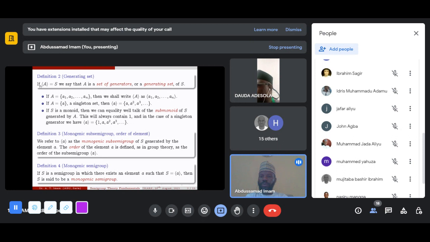So if it happens that when you generate a sub-semigroup by a subset A, the result of the generation is equal to the entire semigroup, then we say that A is a set of generators, or a generating set for the semigroup. This is how we define a generating set.